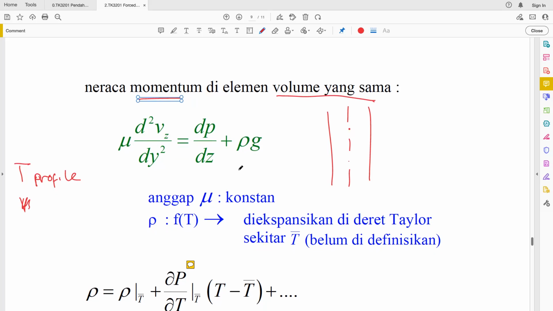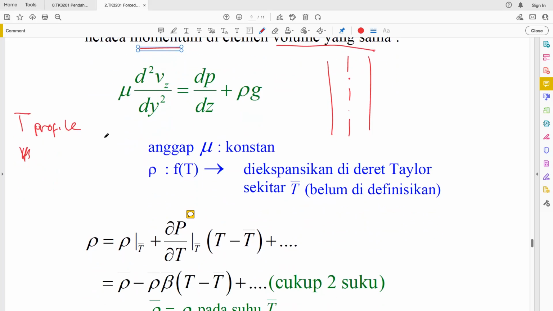Okay, now because you have a temperature profile, then it will affect the rho. Why? Because rho is actually a function of temperature. So if we consider that mu is constant and rho is a function of temperature, then we can expand it with a Taylor expansion.